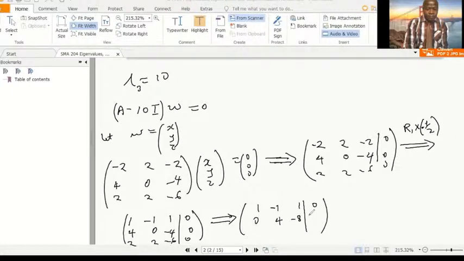And then now multiply row 1 by 2, and subtract from row 3, to get a 0 at this point. This one by 2, and subtract from this, you have a 4 here. This one by 2, and subtract from this, you have a negative 8 here.